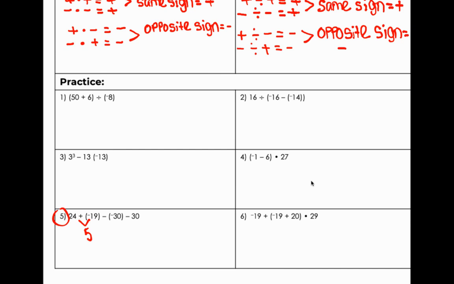And then we've got a minus 30. So we want to change that to addition. So it's going to be plus negative 30. We just keep working from left to right. So that's 35 minus 30, which is 5.